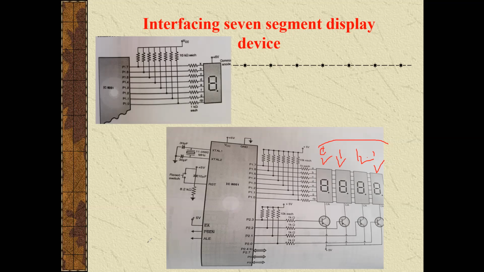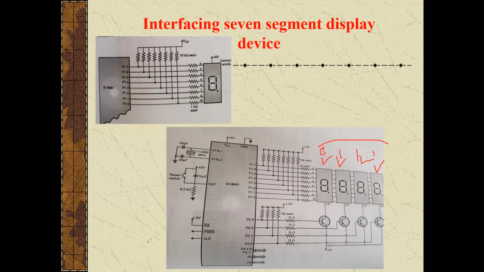A PNP transistor is connected to each common anode pin, so we require 0 volts. Here, in the common anode configuration, the transistors are PNP transistors. Those PNP transistors will operate when 0 volts is applied.